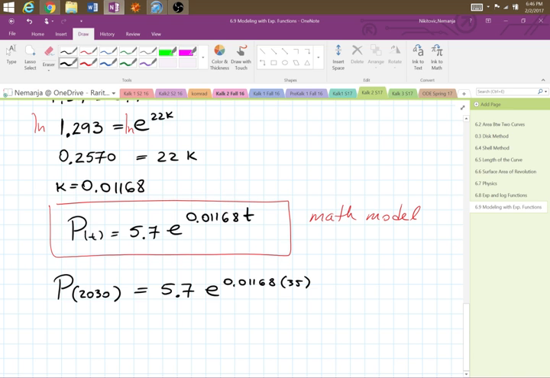And let's see, 5.7 e raised to the open parenthesis 0.01168 times 35. Yeah, my ability to type in the calculator has diminished.